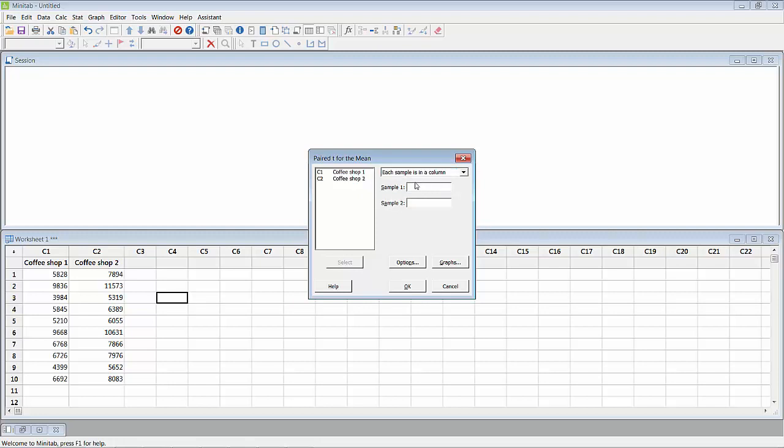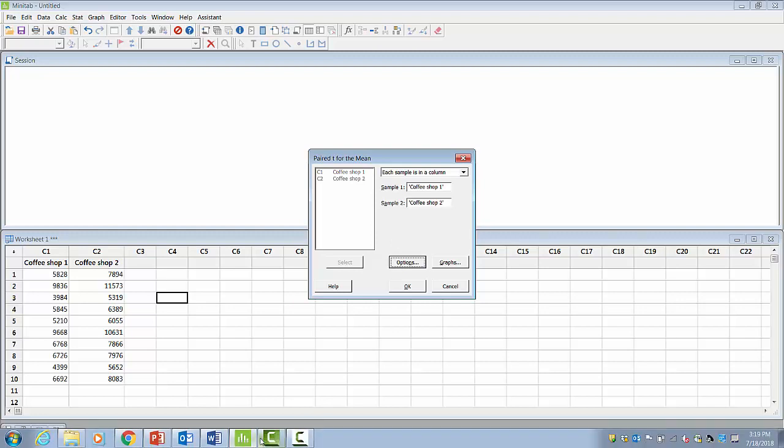Now I will click on sample 1 and select coffee shop 1, and then select coffee shop 2. It is asking us to use a significance level of 0.01.